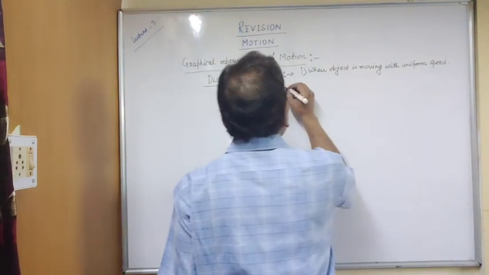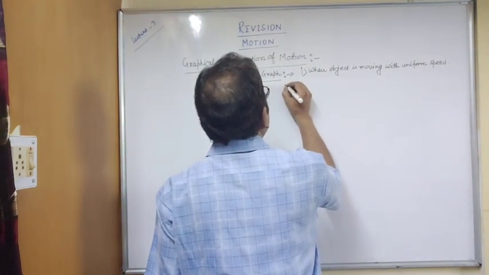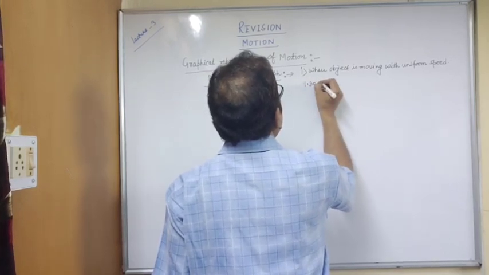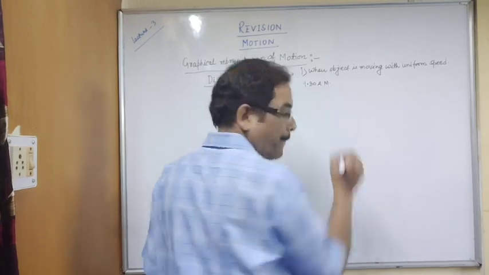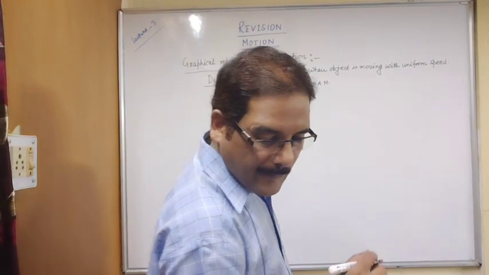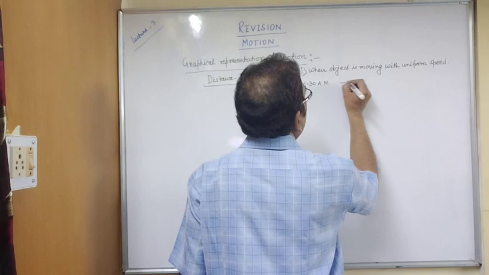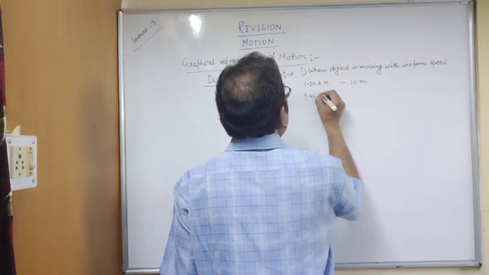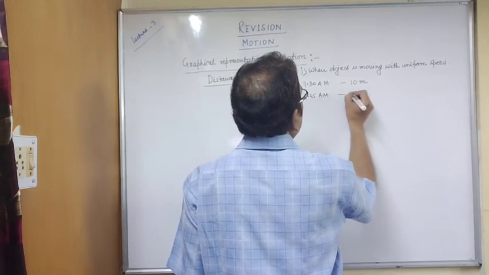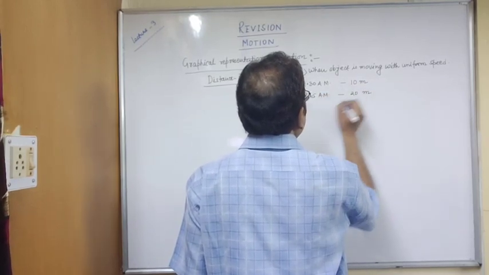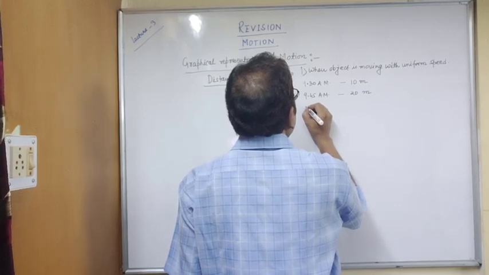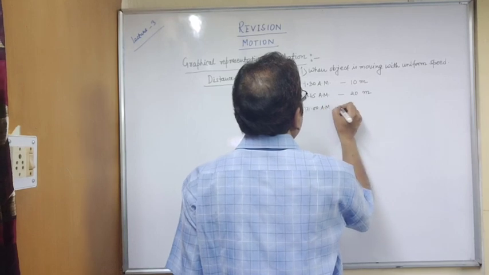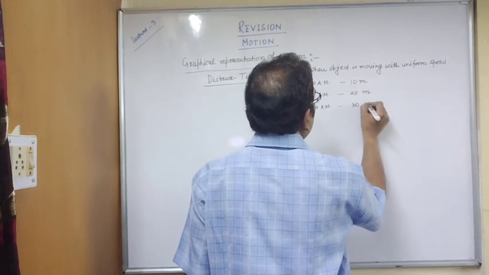Whenever you have to draw a graph, the table is like this. At 9:30 am, distance covered is 10 meter. At 9:45 am, distance covered is 20 meter. At 10 am, distance covered is 30 meter.